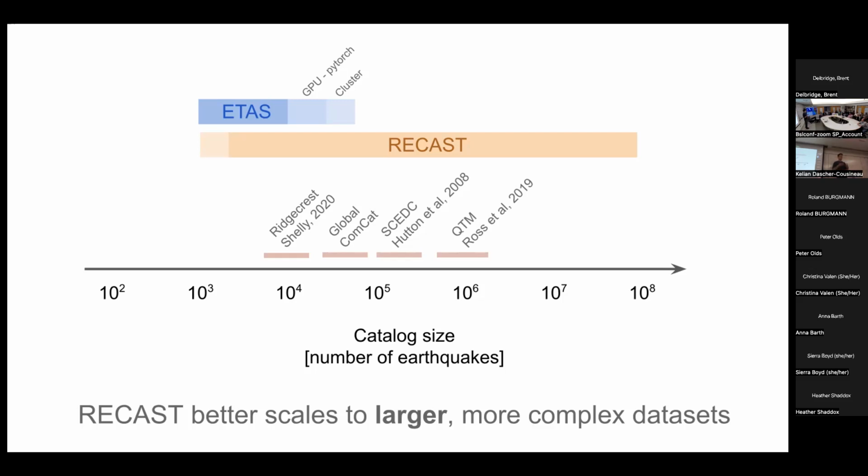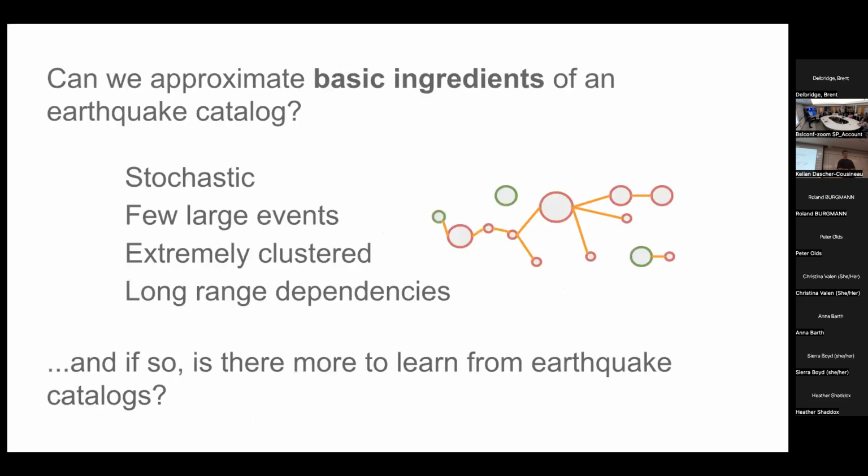But nonetheless, it's really hard to run away from this quadratic growth of complexity. In contrast, RECAST is really well suited to throw these really large earthquake catalogs into the model and see what happens. So I think there's a really practical advantage in using a model such as RECAST.